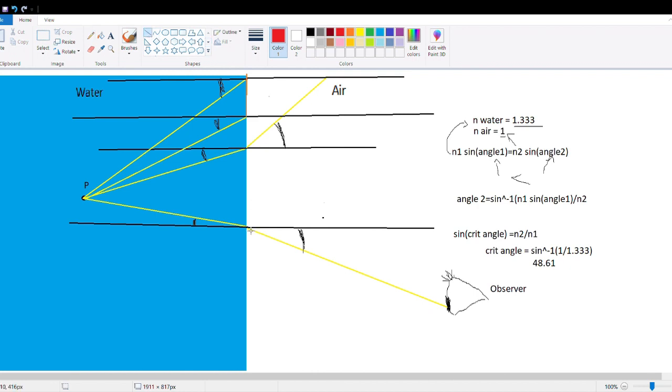We have to backtrace this light ray that comes out of the air. So let's backtrace it like this. Let's say it goes down like this. As you see, it does not go and intersect the ray inside.